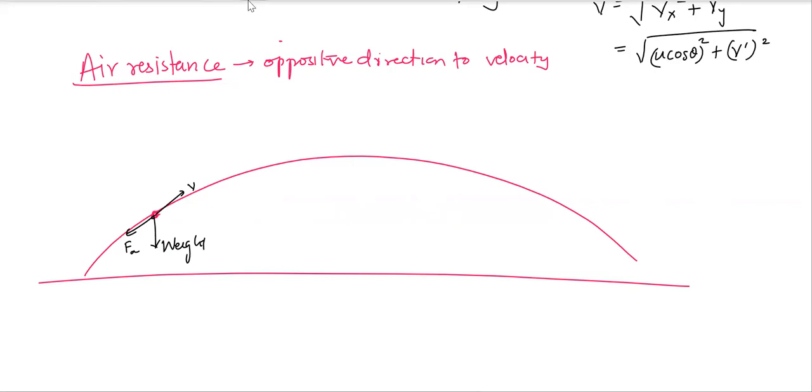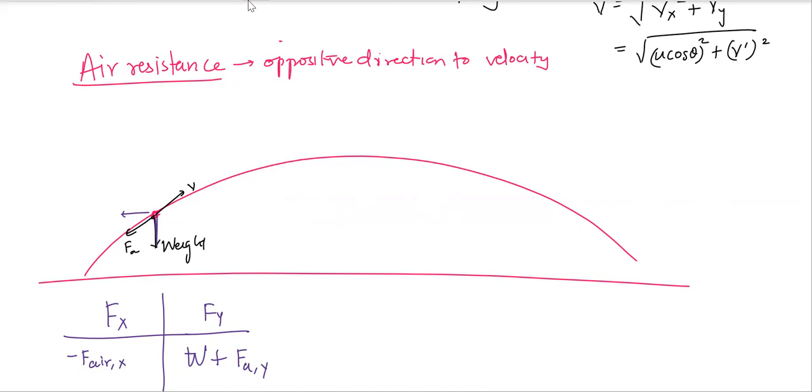The horizontal component of the acceleration will be the negative component of air resistance in the x direction. And you will see that in the y direction there will be weight plus the component of air resistance.